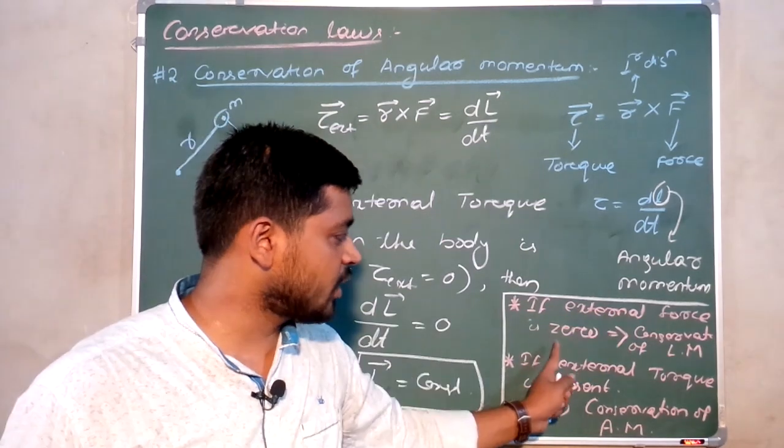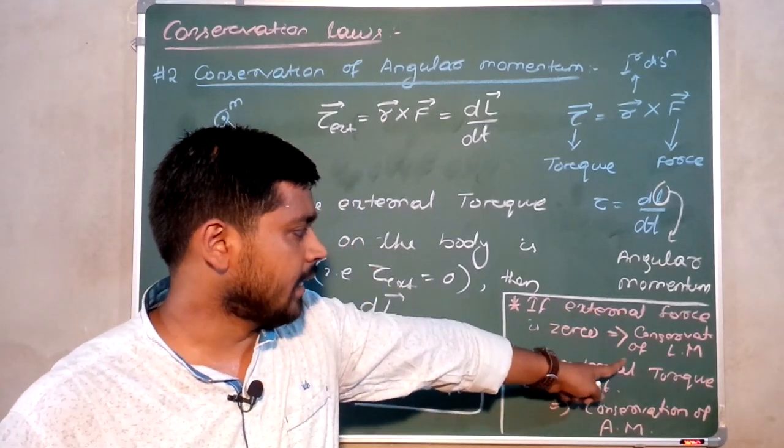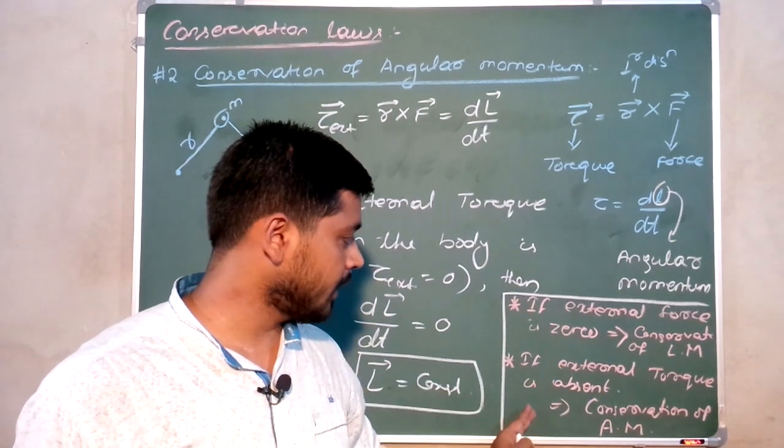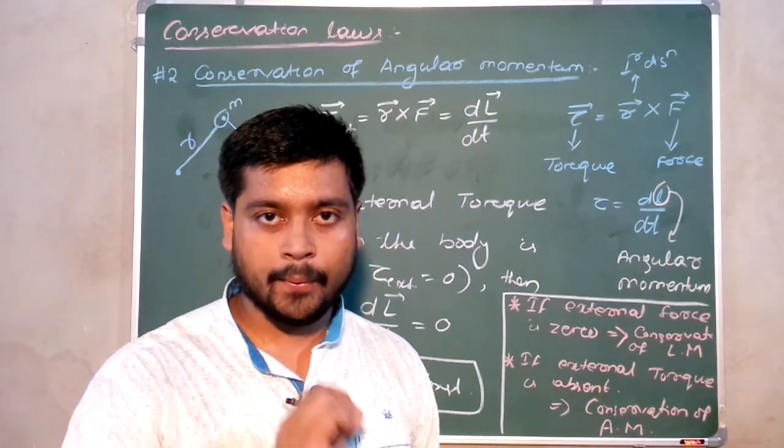If external force is 0 or absent, then it leads to conservation of linear momentum. If external torque is absent, then it leads to conservation of angular momentum.